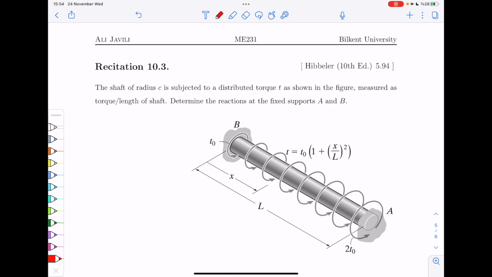And also we need to pay attention to the signs. So see, the x coordinate is here. We measure it from the left-hand side, right? That means our x coordinate looks like that.